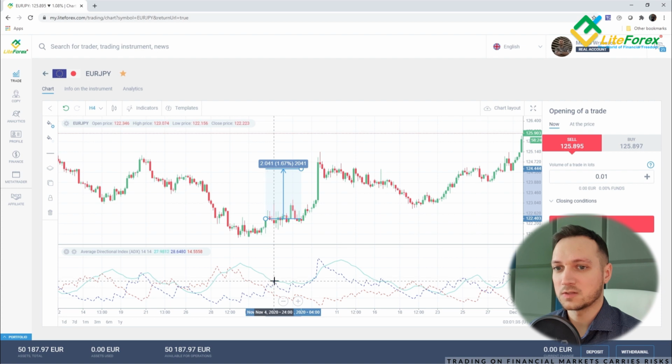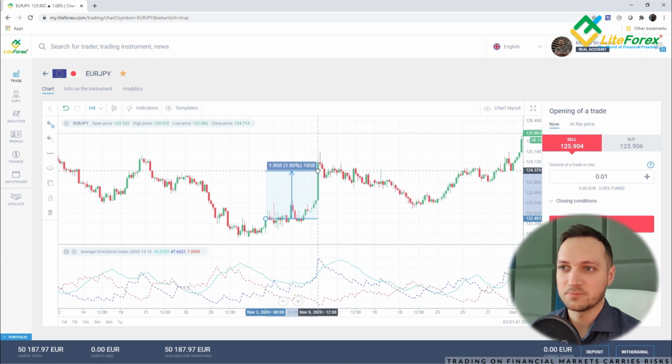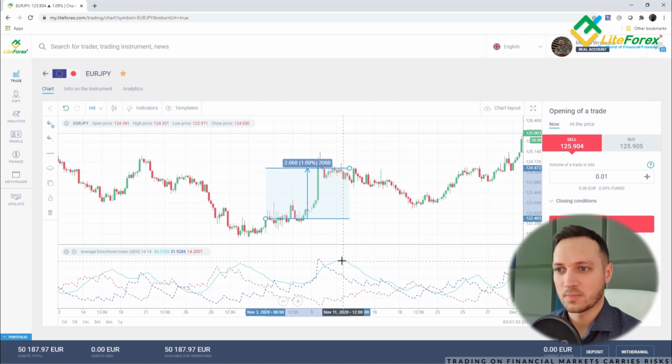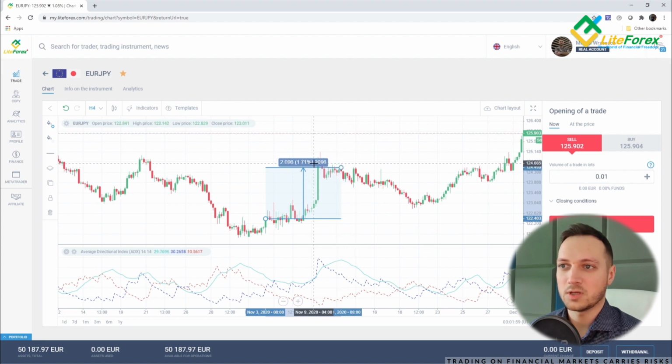So if we did it in the opposite direction to the upside, we entered here. The ADX is still above 20. And here it again reaches the 46 points, 46% zone, right? We could see that here it was the high, and the barrier 46, even then we have 209 pips.